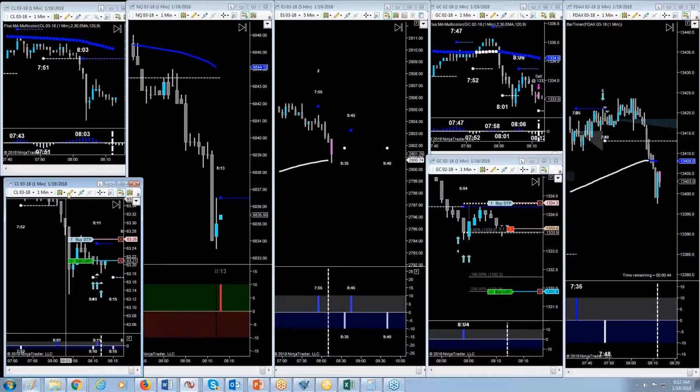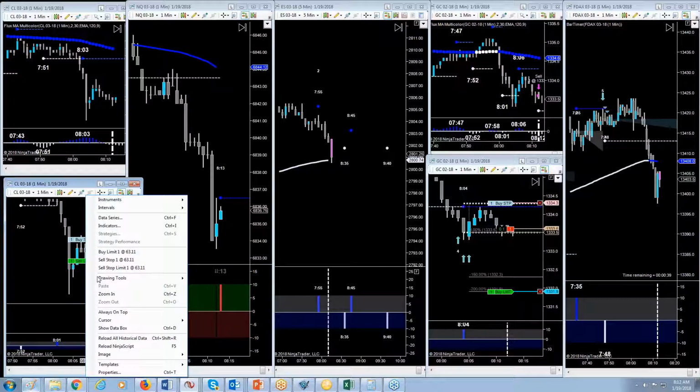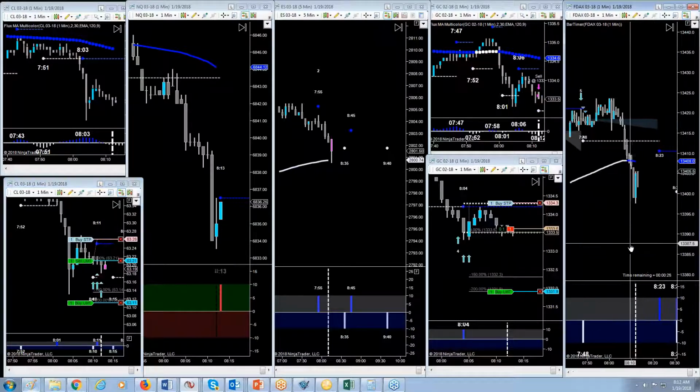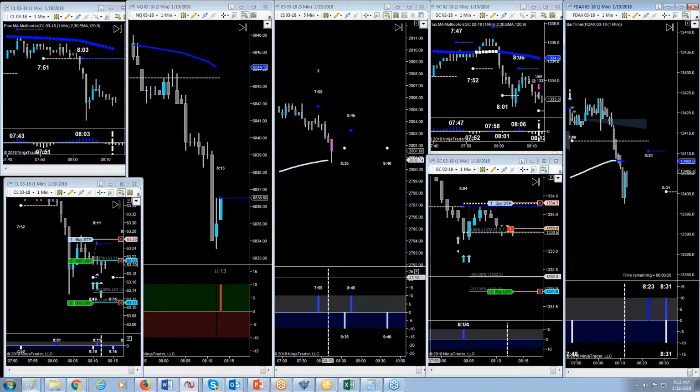Two to one risk reward puts the target down here. NQ's got a signal coming up at 8:13. DAX at 8:23.